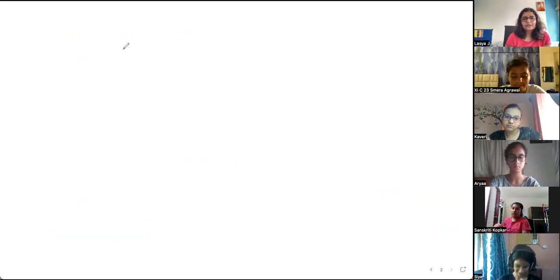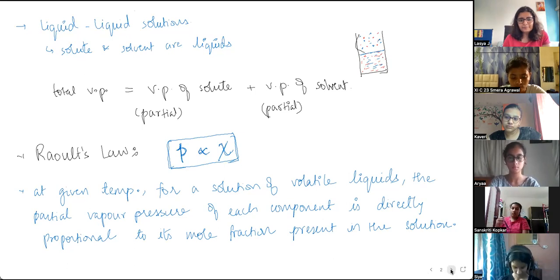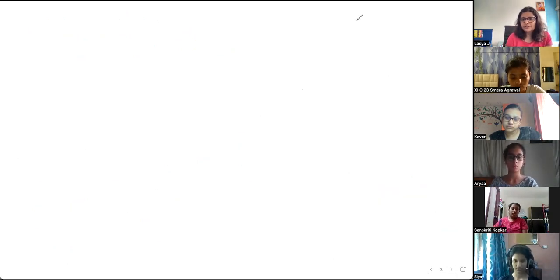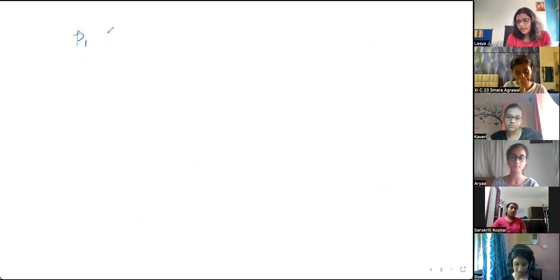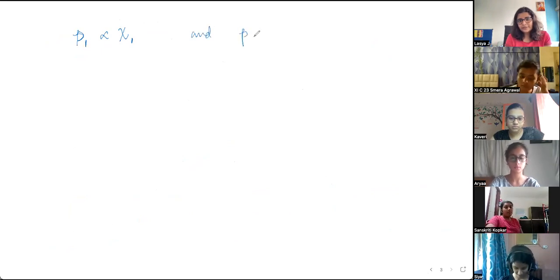Cool. So what did Raoult's law say? Suppose in a solution we have two components, component 1 and component 2. The partial pressure of the first one is directly proportional to its mole fraction, and the partial pressure of the second one is directly proportional to its mole fraction.